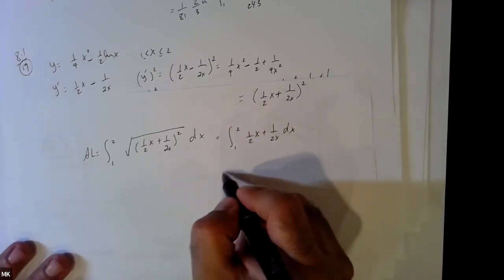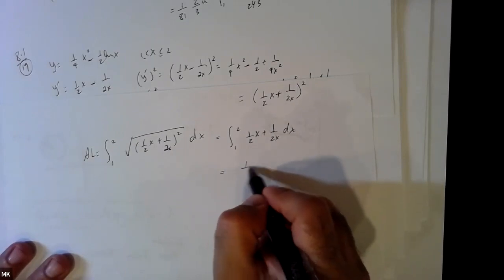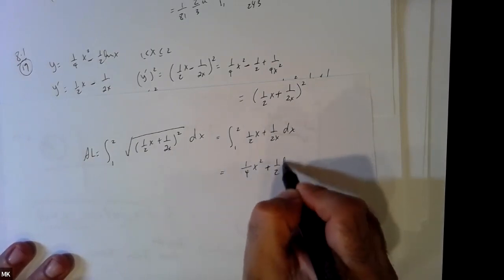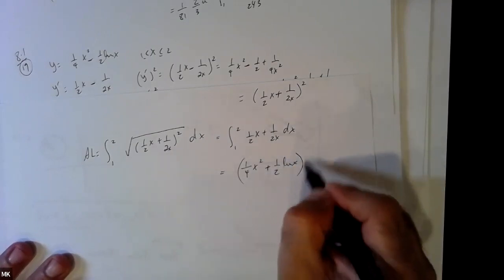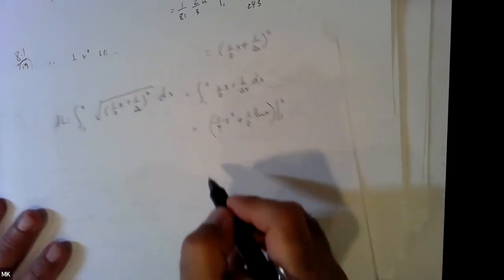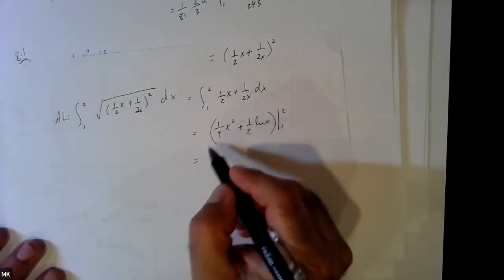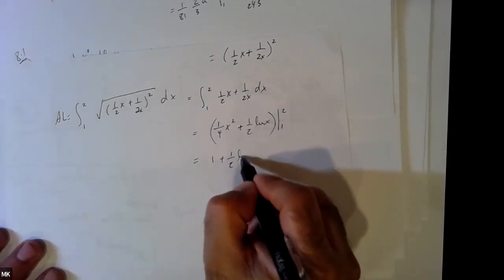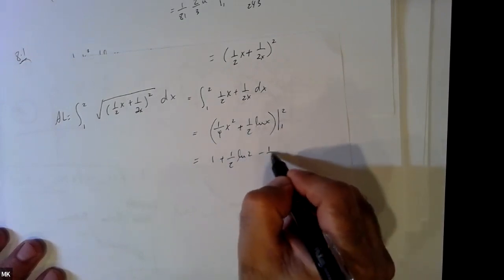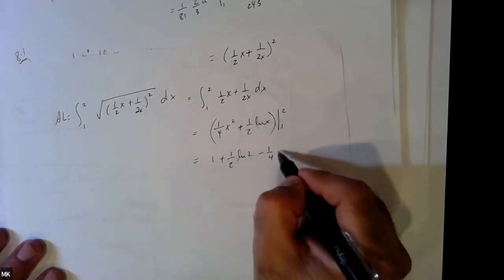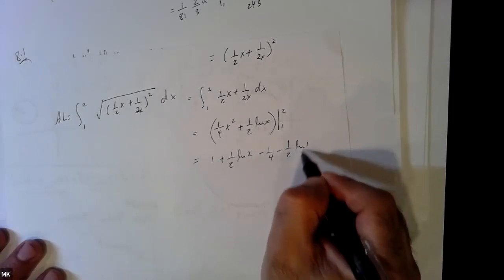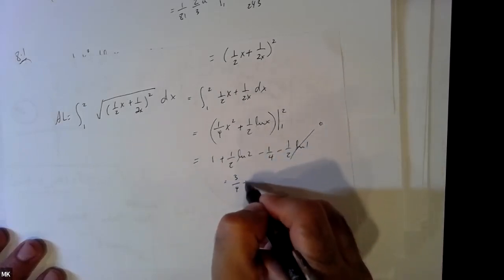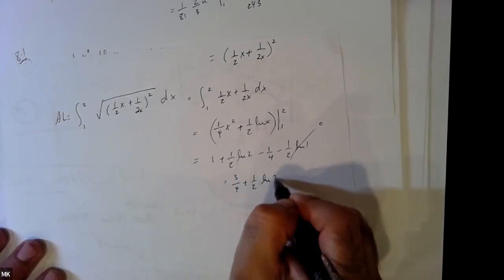And then the antiderivative of that would be, and then you plug it in. 4 over 4 is 1, plus 1/2 ln of 2, minus 1/4, and minus 1/2 ln of 1, which is 0. So you get 3/4 plus 1/2 ln of 2.